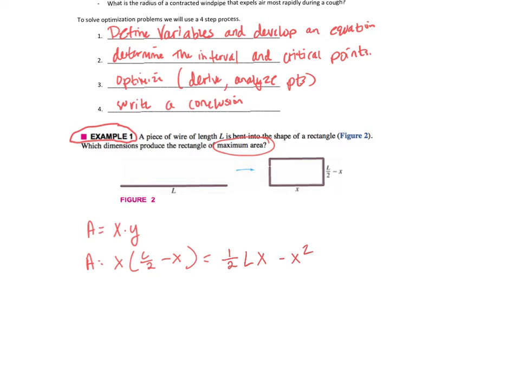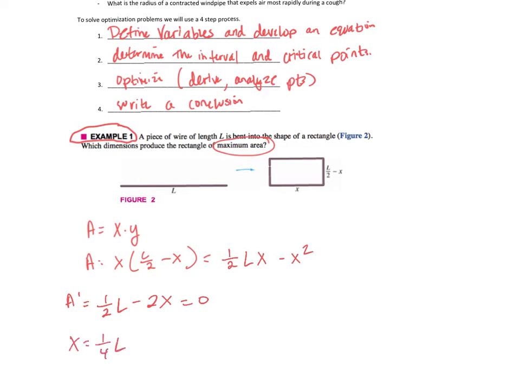And therefore, when we're deriving 1/2 Lx minus x squared, it's not implicit differentiation. We're just deriving with respect to a single variable. So A prime ends up being 1/2 L minus 2x. We set that equal to 0 and we solve, and therefore x is equal to 1/4 L.